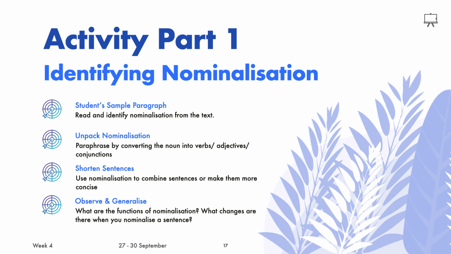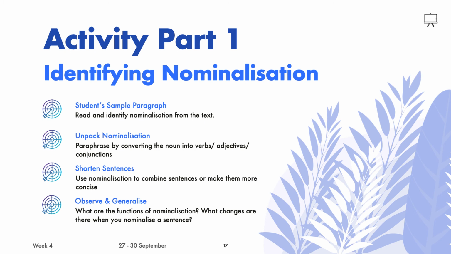So you are going to identify as many nouns that are nominalization from the paragraph. Another question would be, you are going to unpack nominalization. So we reverse engineer the process. Originally we are packing sentences into noun phrases through nominalization.